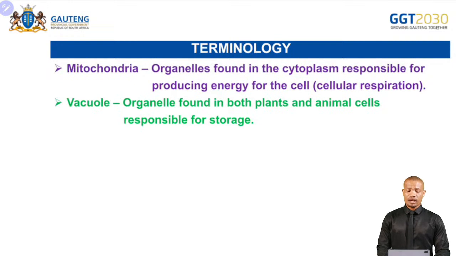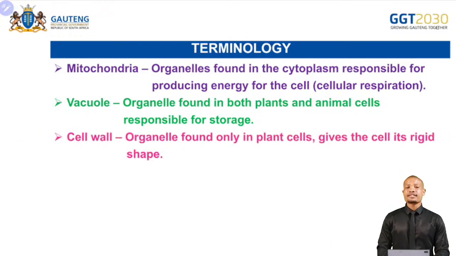The vacuole are organelles found in both plants and animal cells and they are responsible for storage. The cell wall is an organelle found only in plant cells and it gives the cell its rigid shape.